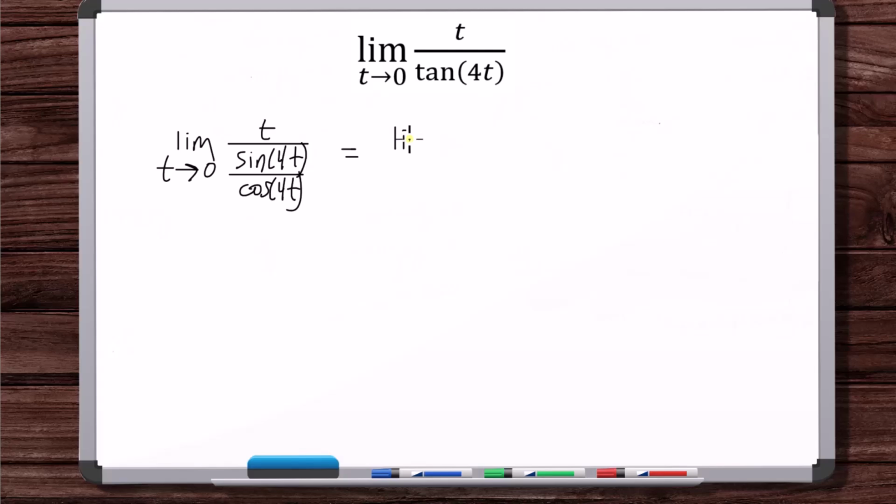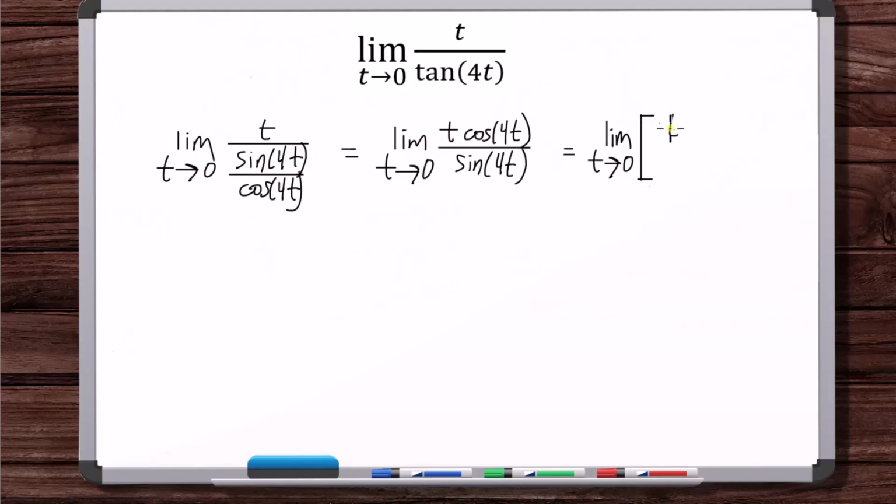And so what we get is t cosine of 4t over sine of 4t. All right, so next what we want to do is rewrite this as t over sine of 4t times cosine of 4t.